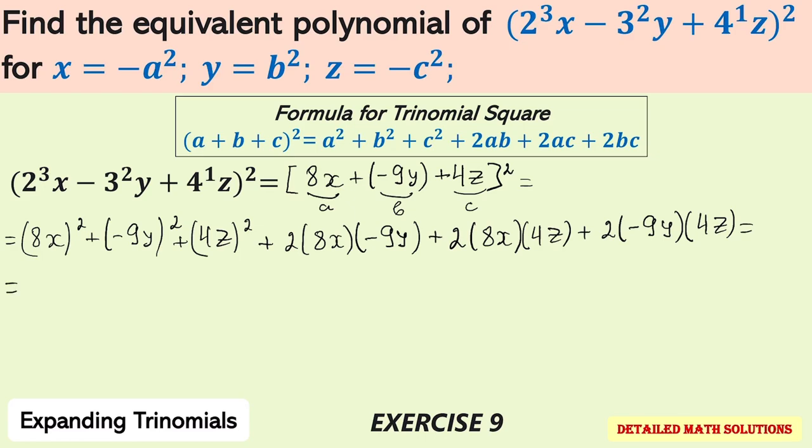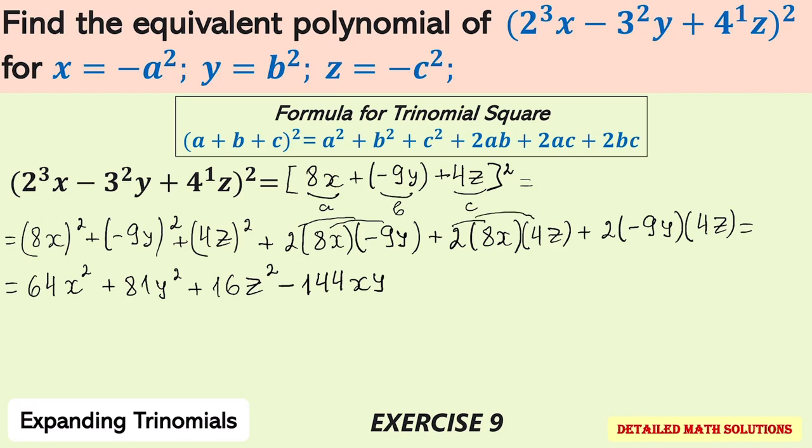And when I simplify further, this equals 64x squared plus 81y squared plus 16z squared. Then I have negative 9 multiplied by 8 is negative 72 multiplied by 2 is negative 144xy. Then I have 2 times 8, 16 multiplied by 4 is 64xz.